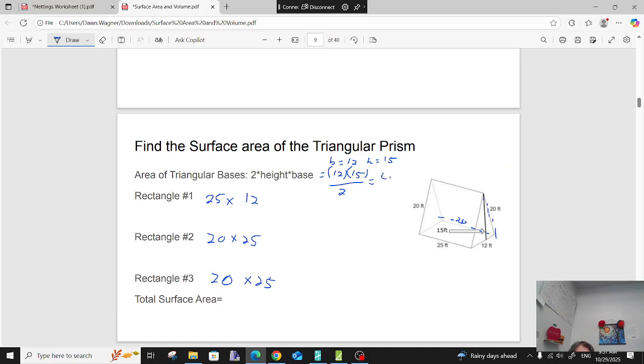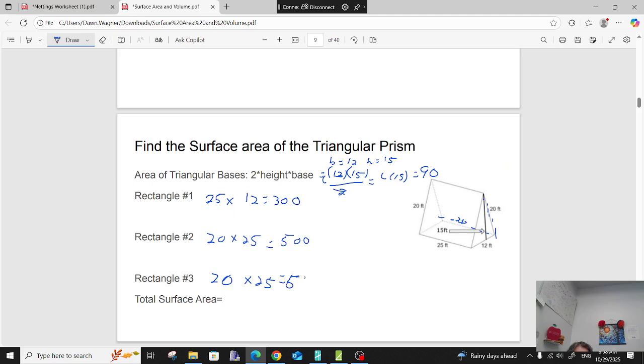So this would be 6 times 15 because this cancels, right? What is that, 90? And then what's 12 times 25? 300. What's 20 times 25? And then this one would be another 500.